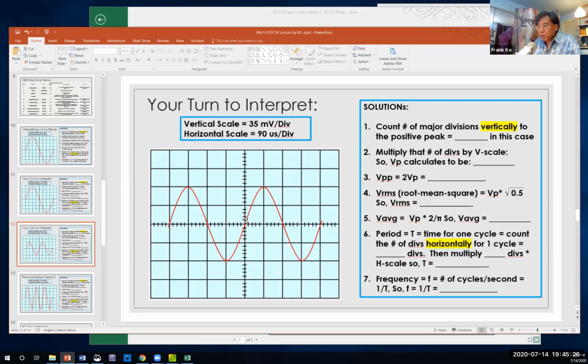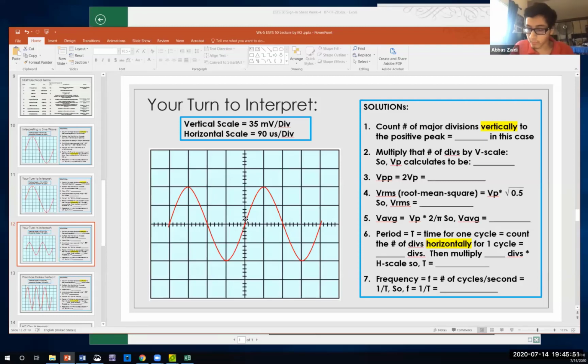Now, based on this newfound knowledge, could you redo the math for us, Abbas? So talk to us. What do we do with the 4 divisions? All right. So you take the 4 divisions, then you multiply it by the number given, which is 90. 90 what? 90 microseconds per division.